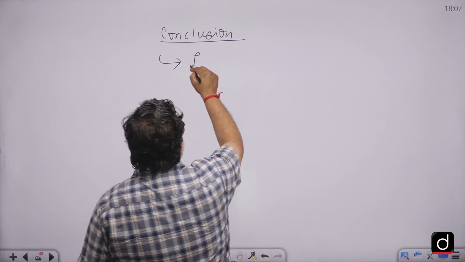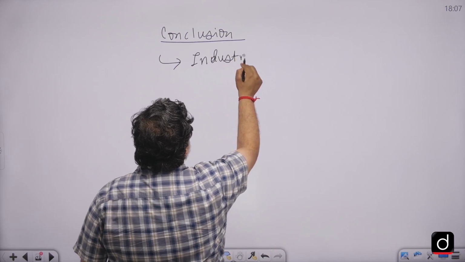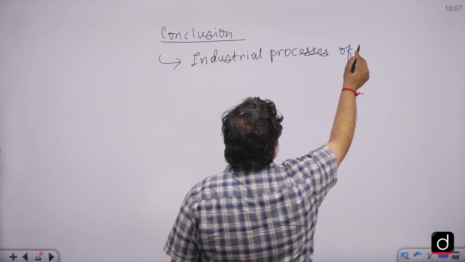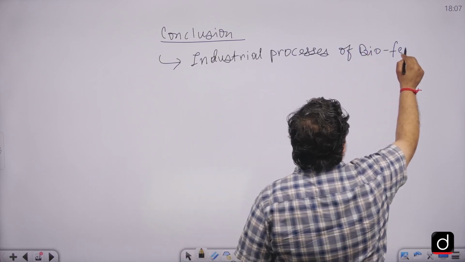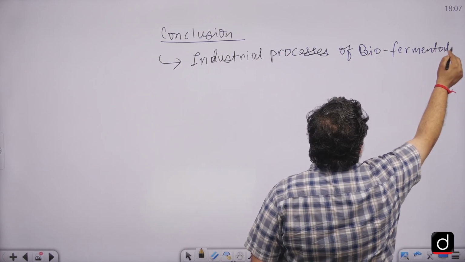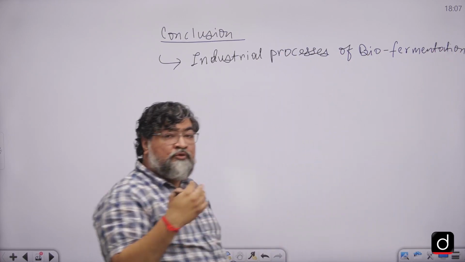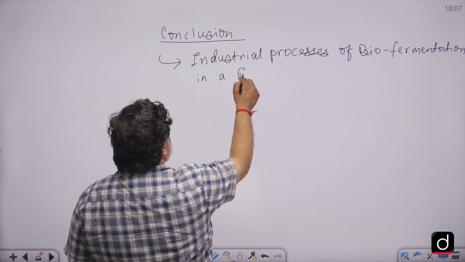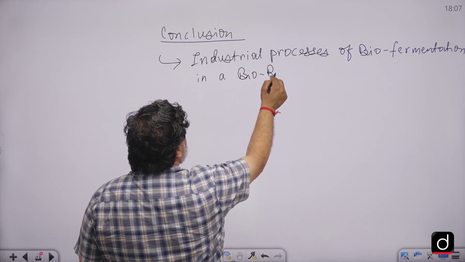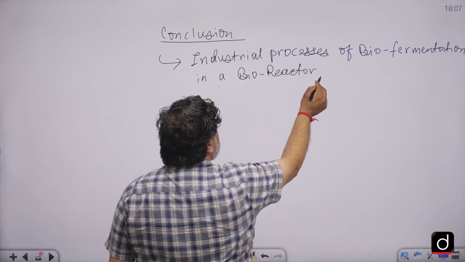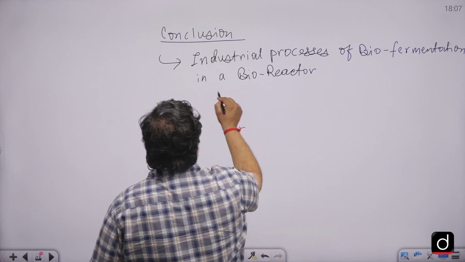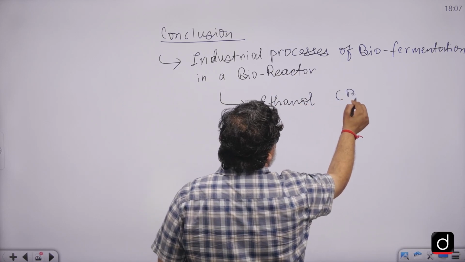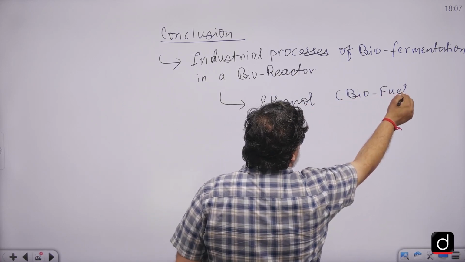Humans use industrial processes of biofermentation, where we can convert it into many other usable, valuable products in a bioreactor. In terms of biotechnology and chemical engineering, one aspect of this can be bioethanol, which we can use as a biofuel.